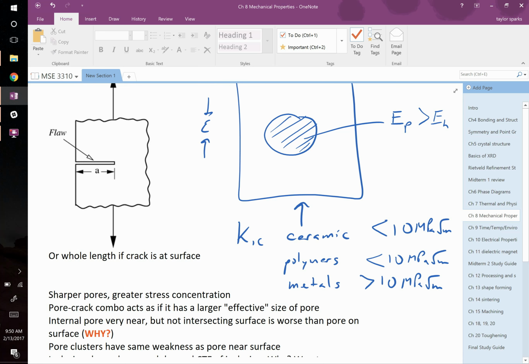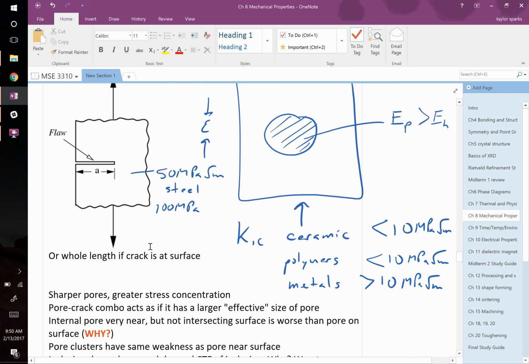So if this was steel, then it's 50 megapascal root meters, right? Let's say that we're going to apply a stress of, what's our stress we want to apply? 100 megapascals? Assuming that we can call the geometric parameter for this 1.12, then what's the largest flaw this thing can tolerate before it breaks?